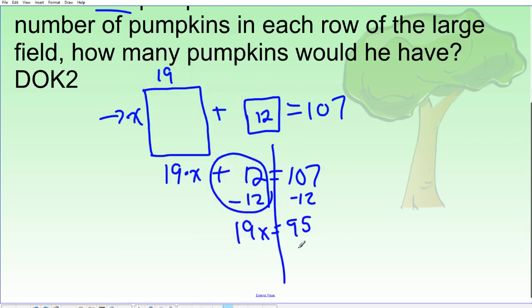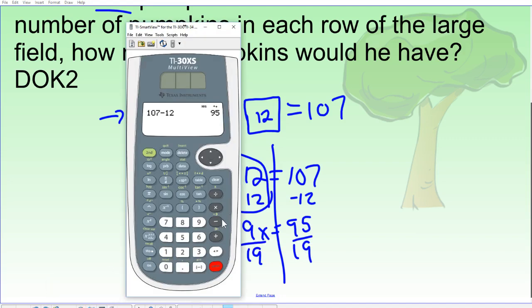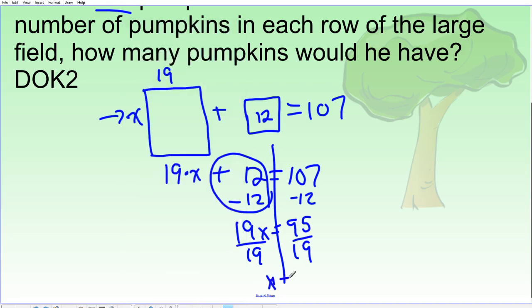And now I have 19x equals 95, so if I divide by 19 on both sides, 95 divided by 19 equals 5. So x equals 5. He has 5 pumpkins in each row.